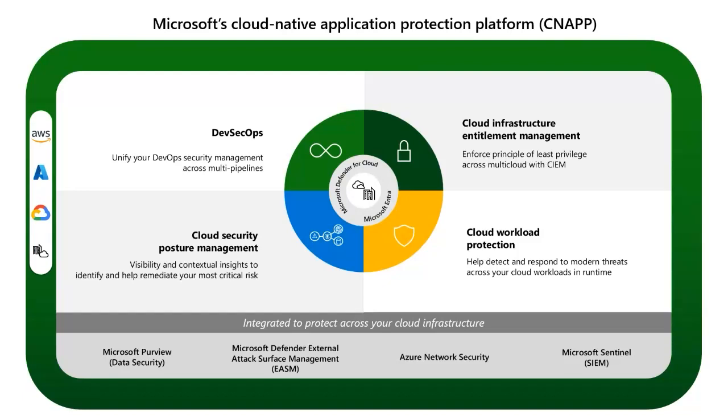This includes GitHub and Azure DevOps multi-cloud pipelines. The findings from Defender for DevOps, such as infrastructure as code misconfigurations and any exposed secrets, can be correlated with other contextual cloud security insights to prioritize remediation in code.